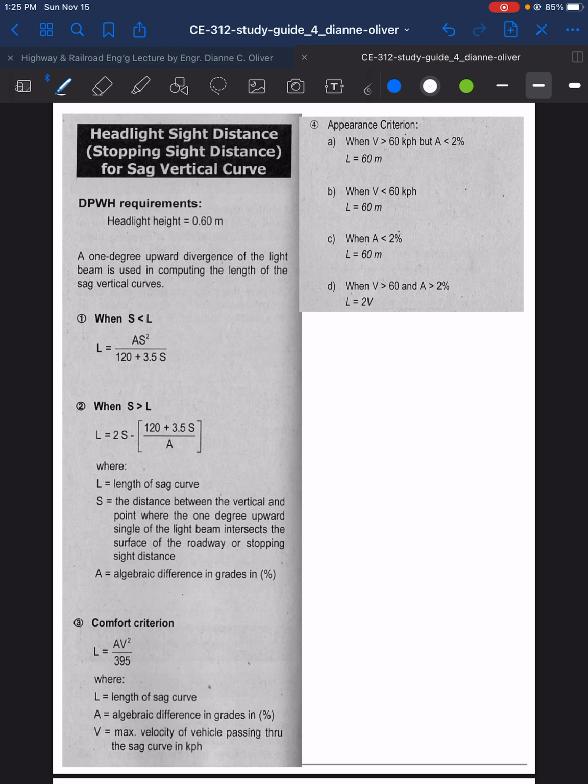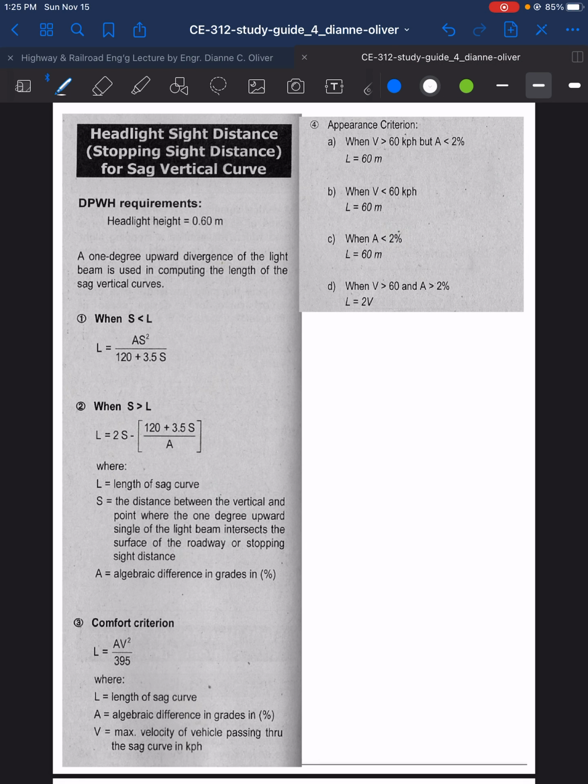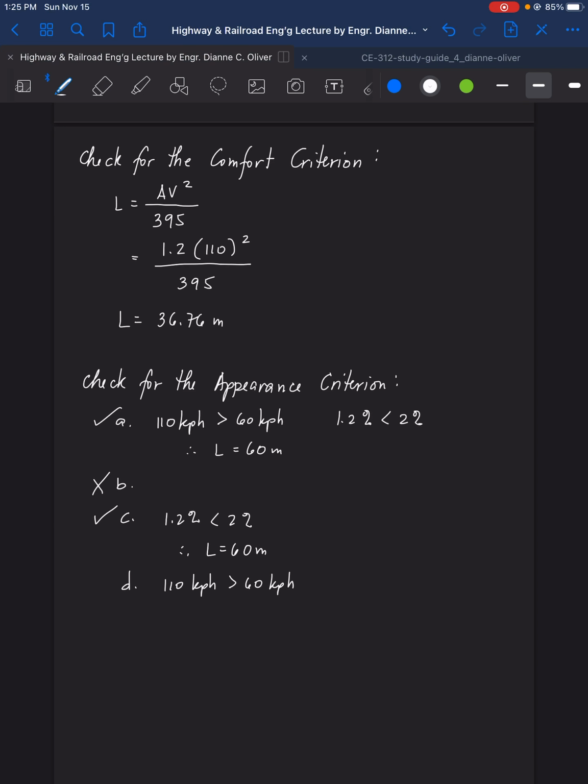Now for D, it says there when V is greater than 60, which is correct, 110 kilometers per hour is greater than 60 kph, and it says there A is greater than 2%, which is wrong. Our A is 1.2, so it is not applicable.